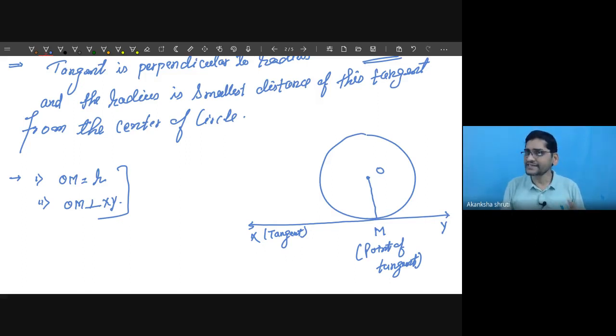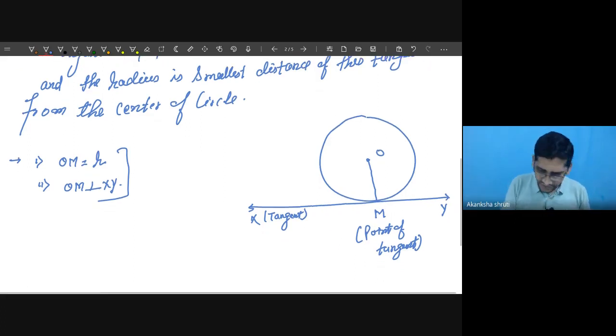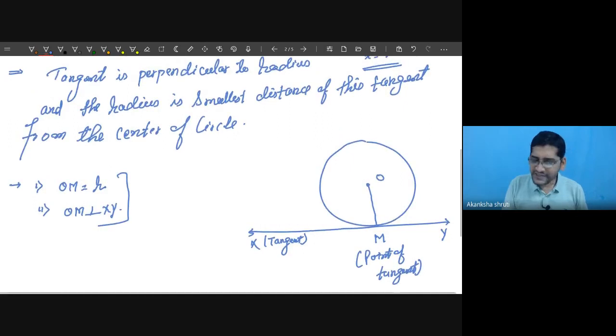While it is a tangent, keep in mind, it is just touching at one point. This can be proved by the contradiction method, which is another popular method in mathematics. So students, let us consider OM is not the shortest distance. This is what we want to prove.